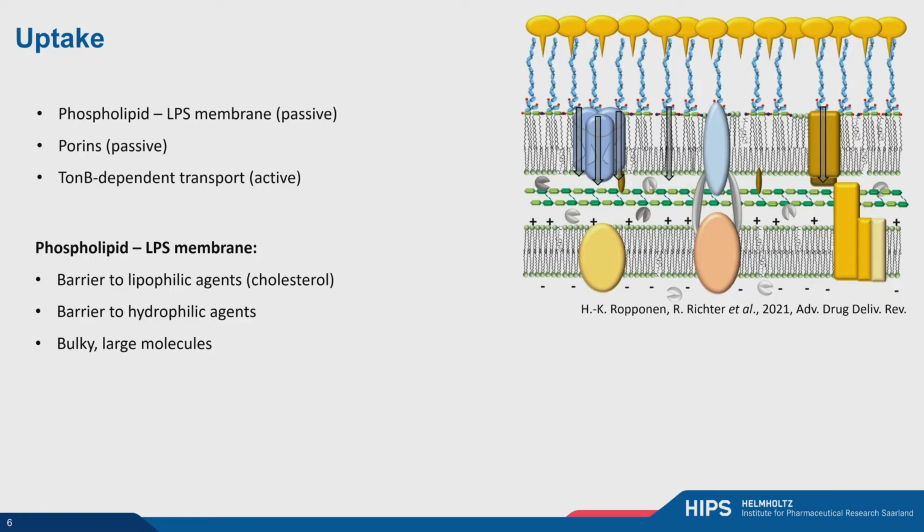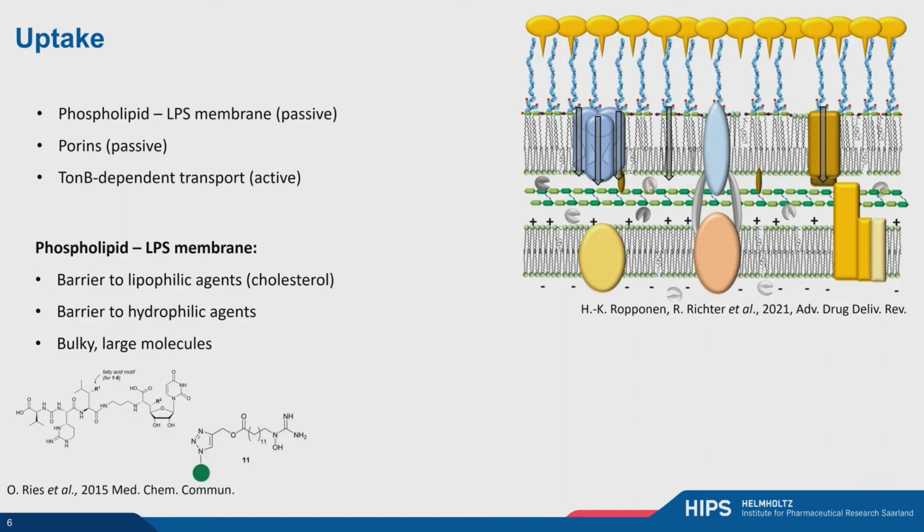But also here, in general, you can say don't make the compound too lipophilic and don't make the compound too flat. Regarding the size, there is a later graph. It is not necessarily bad to make a compound small.